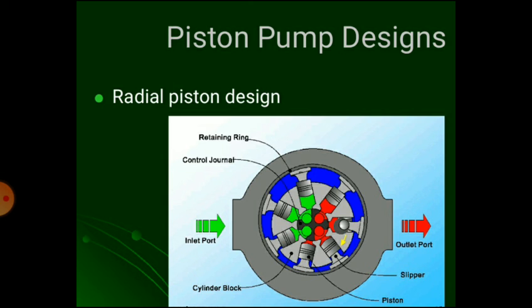So inside the fixed casing, there is a rotating piston block which carries pistons in it. At the center, there is a fixed eccentric cam whose center and center of rotation of the block are offset by an amount equal to E.